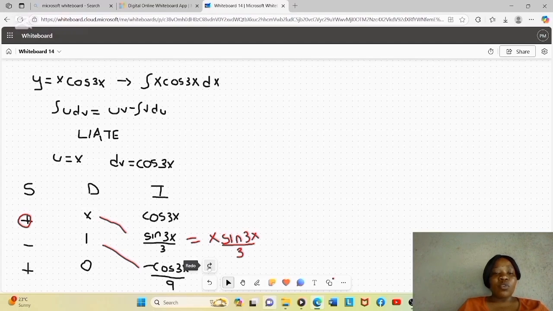Then our next term will be positive cos 3x, since we have the negative sign and the negative sign, multiplying each other gives us the positive. Then we have cos 3x over 9.